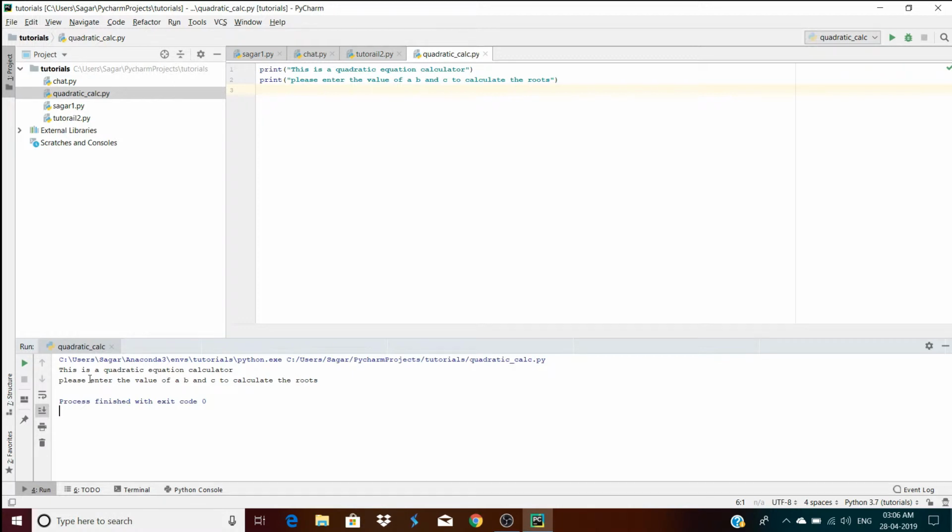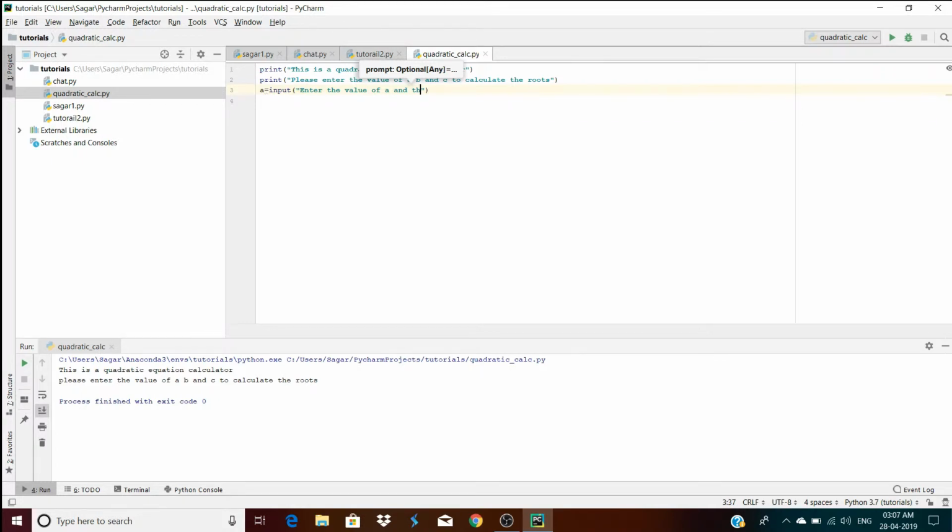So now the user is supposed to enter the values of a, b, and c. So let's say a equals, since we have to take input from the user, we would write input and we would write: enter the value of a and then press enter key.